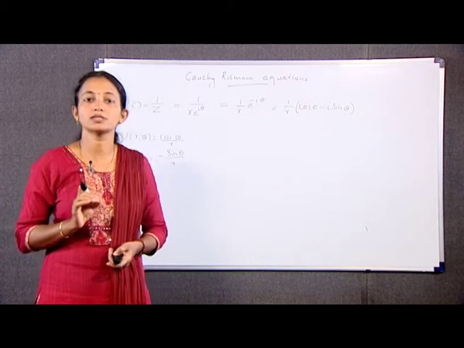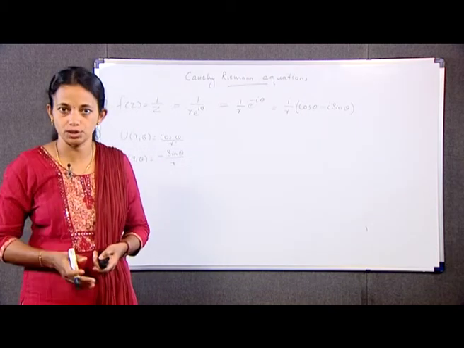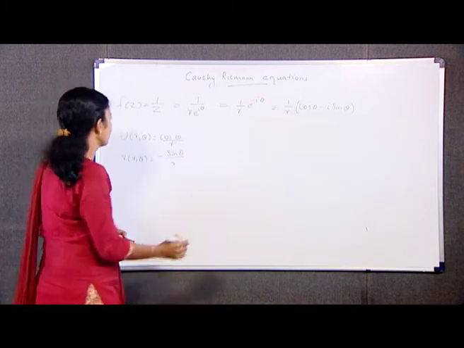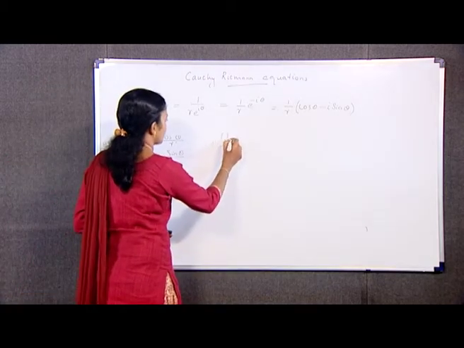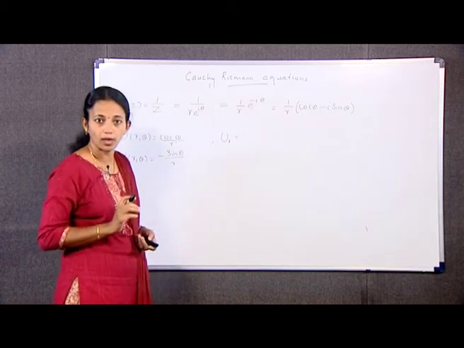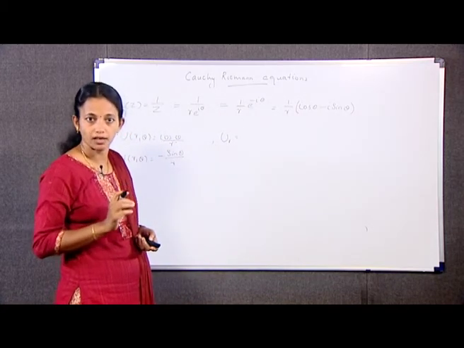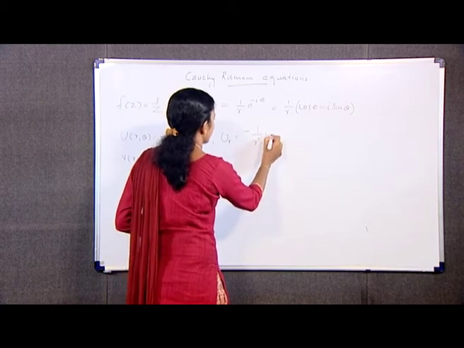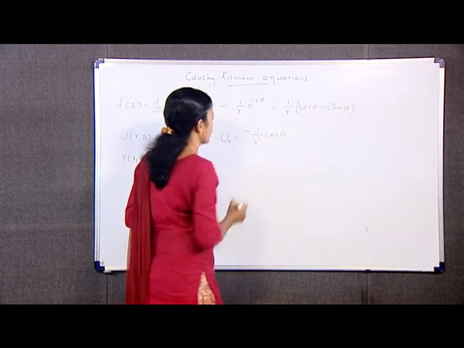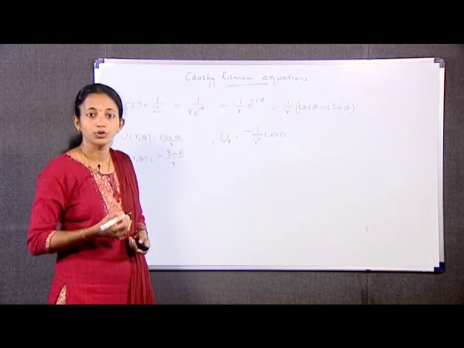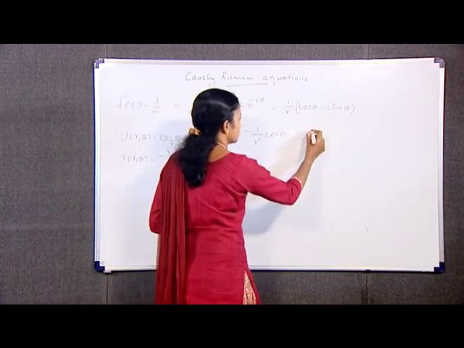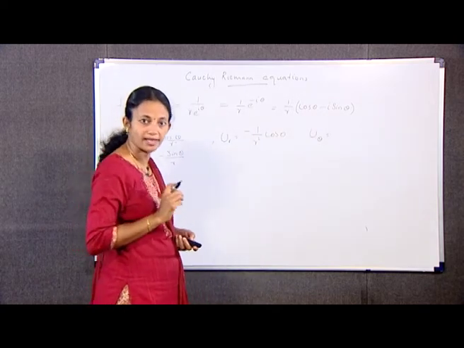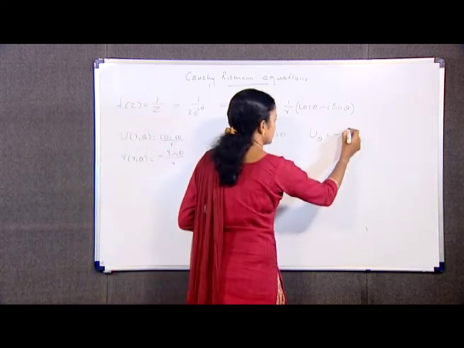Also, at any non-zero point z is equal to r e raised to I theta, we have u r, that is dou u by dou r, u r is equal to minus 1 by r square cos theta. And u theta, that is dou u by dou theta, u theta is equal to minus 1 by r sin theta.